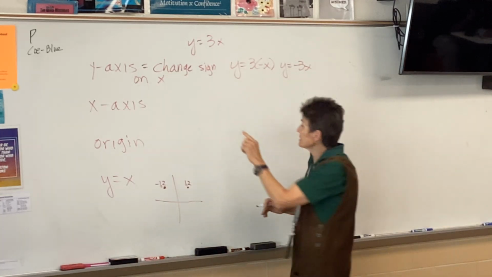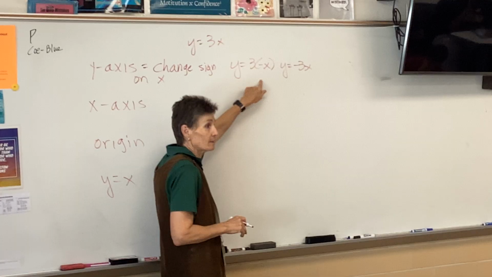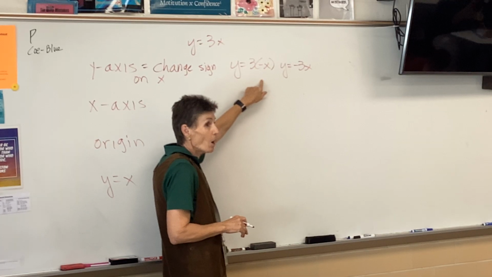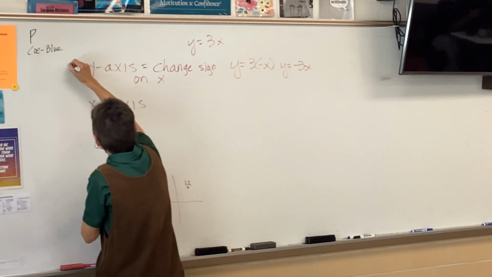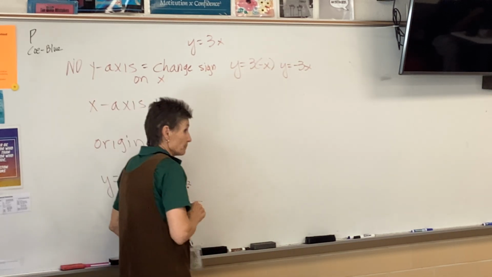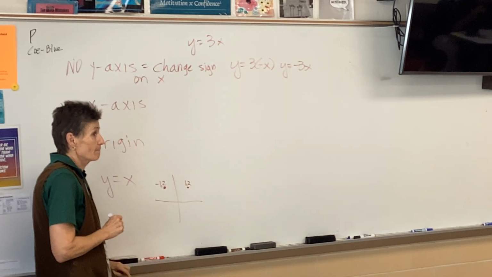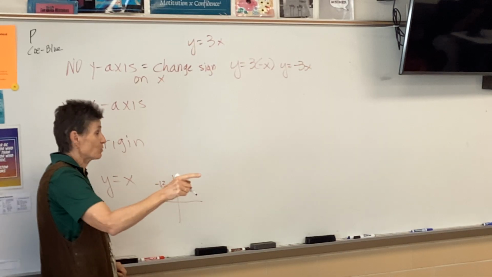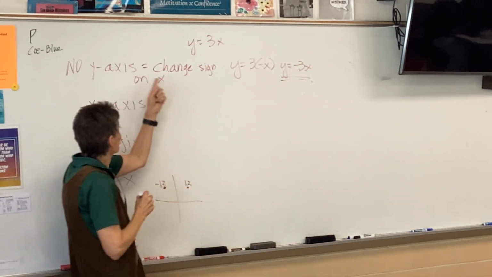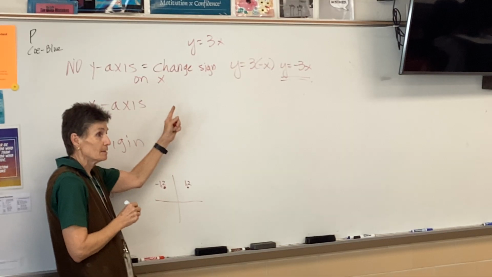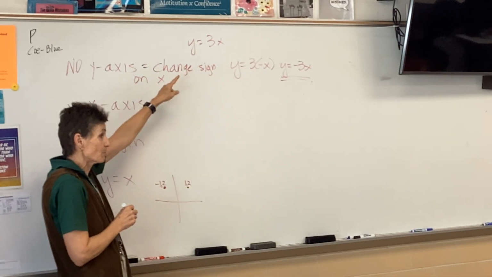So is this the same equation that I started with? No, it's not. So this has no symmetry about the y-axis. If you have symmetry, your final simplified version, after you make whatever change you're making, has to be the same as the original.